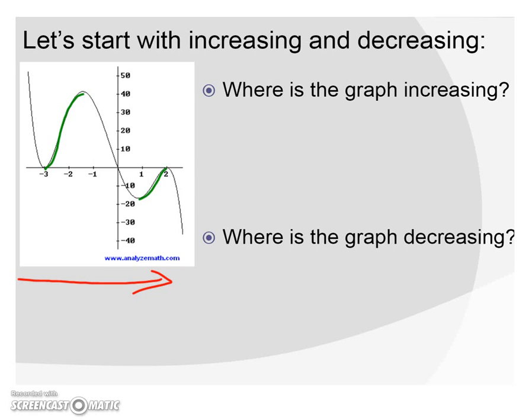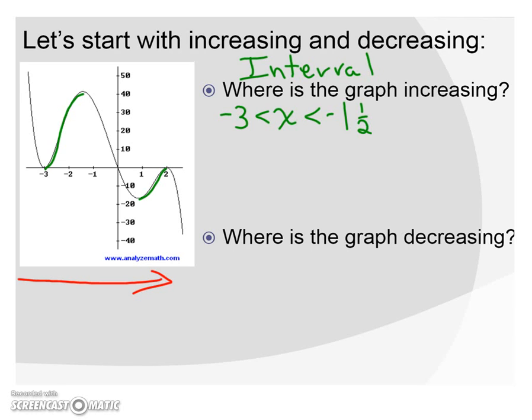So from -3 to about -1.5, we're increasing. So we'll say -3, and we're talking about the interval here in terms of x. So we're talking about the x values from left to right.